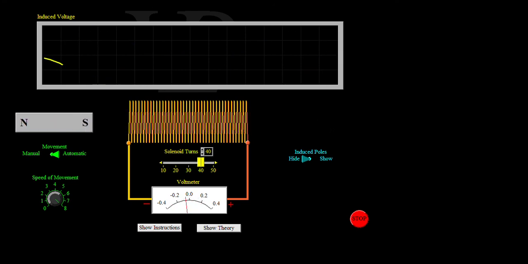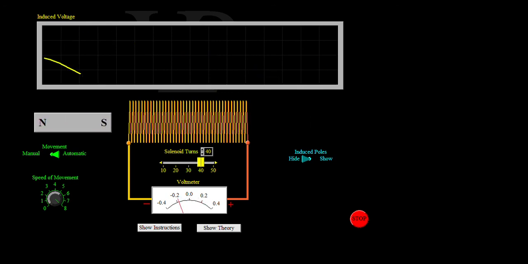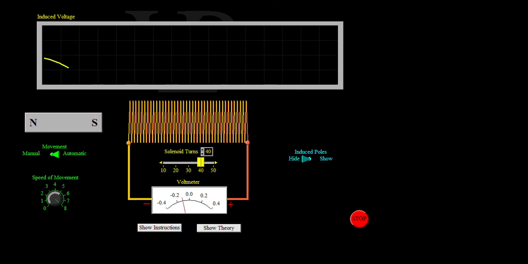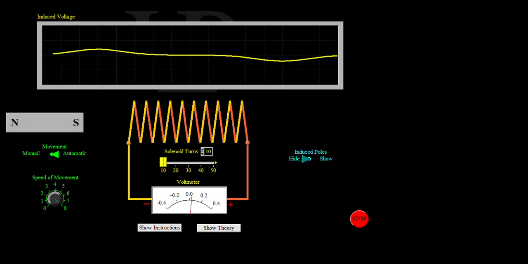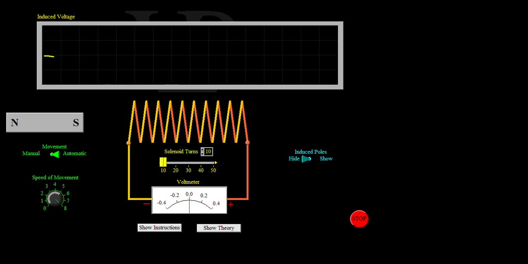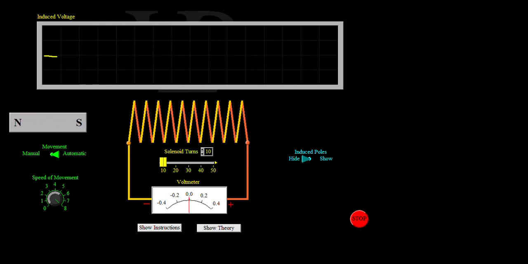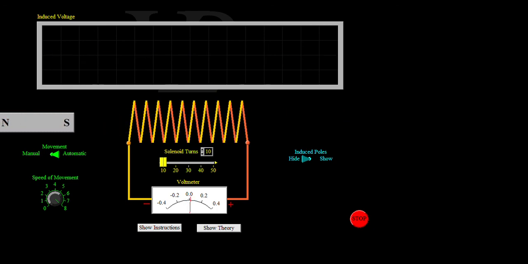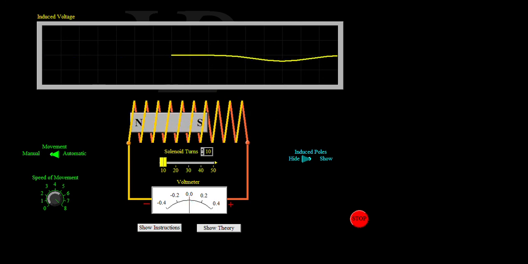Now at A level we talk about this as being flux linkage and the rate of change of flux linkage, where the flux is the word we use for the field lines around the magnet, and flux linkage is the flux times the number of turns in the coil, and the induced EMF is the rate of change of that flux linkage.